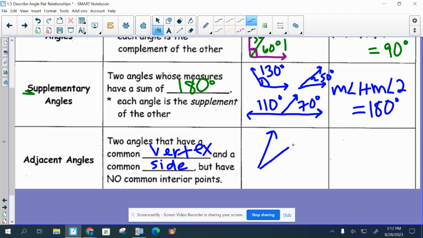You have an angle here, and then you have another angle that shares this side and has the same vertex, but it goes over there. Let's call this angle 1 and angle 2. I'm not trying to say that they are complementary, that they add up to 90. They can be anything. These are just adjacent because they share an endpoint and they have a common side. So they're side by side.